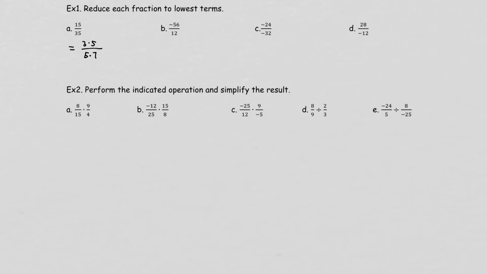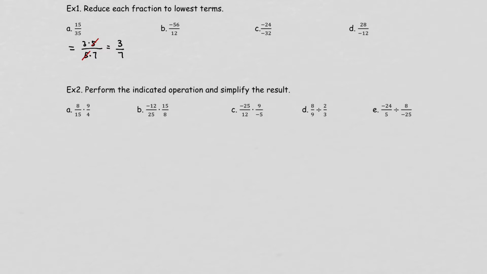As you can see, the common factor 5 on the numerator and denominator can cancel out each other, and it will give you 3 over 7 remaining.